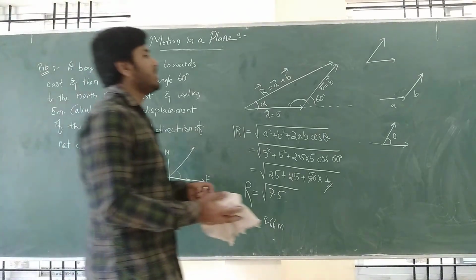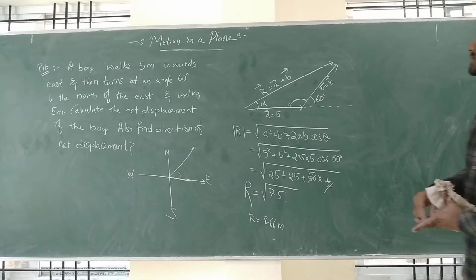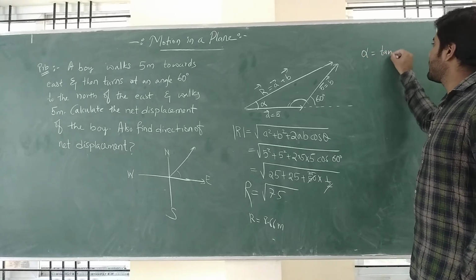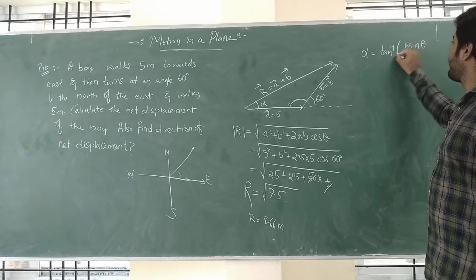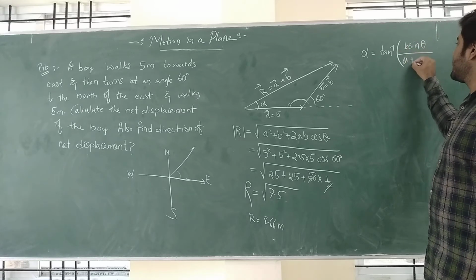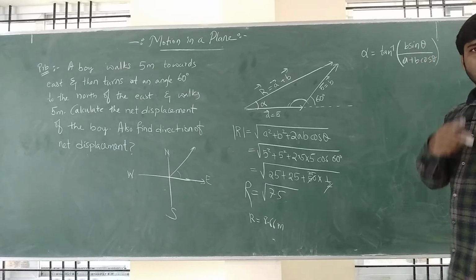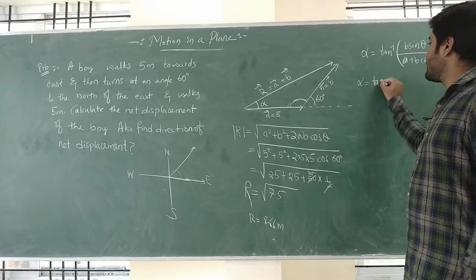We have the formula. What is that formula? Alpha is equal to tan inverse of b sin theta divided by a plus b cos theta. Correct? Now alpha is equal to tan inverse of.